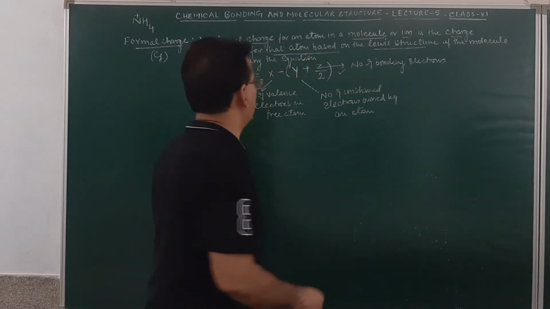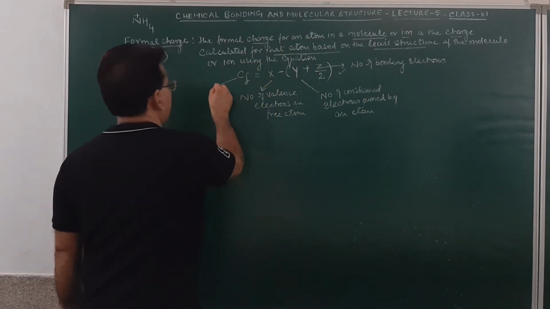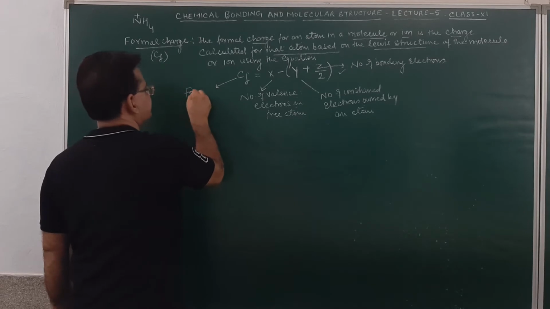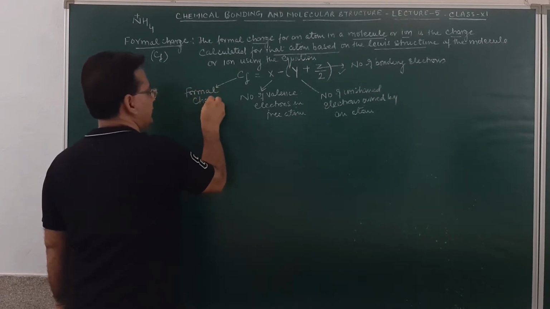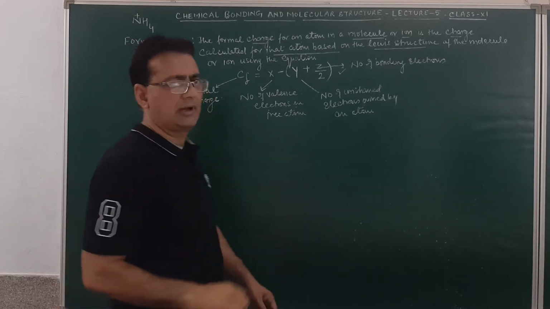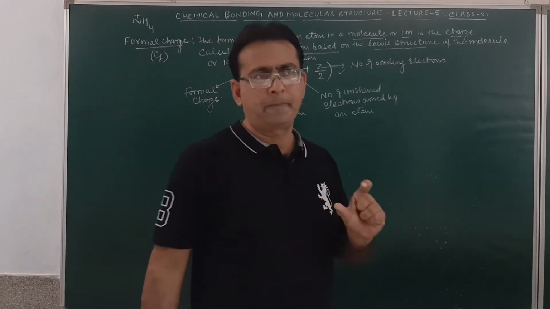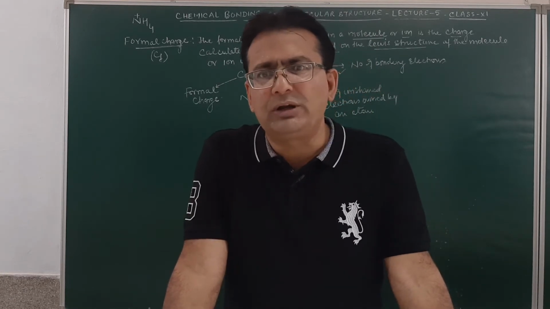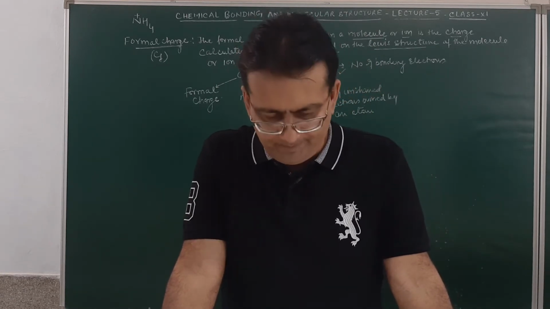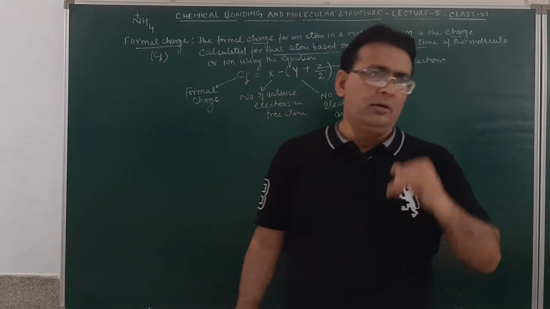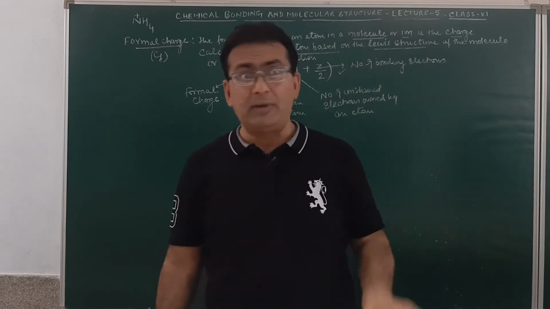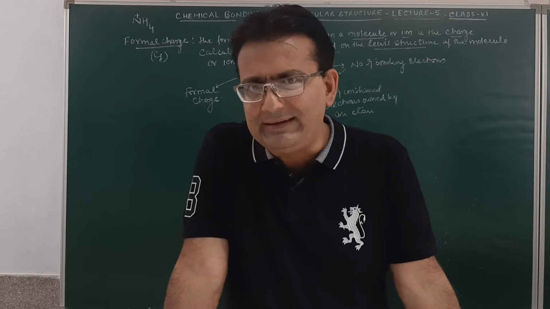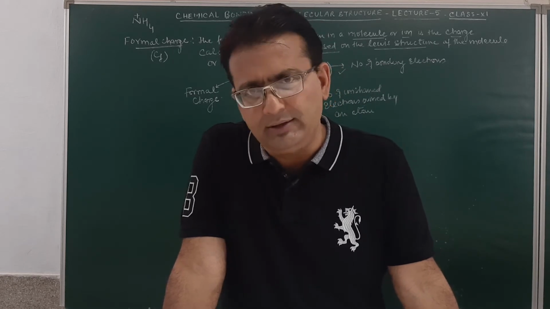And this CF, of course, is a charge, which is called the formal charge. Remember, we will be calculating the formal charge for each atom in the molecule or ion. Then on that basis, we may determine the best Lewis structure for the molecule or ion.